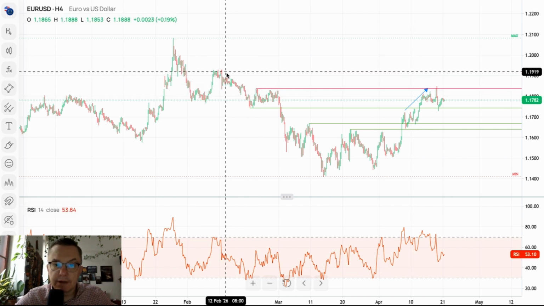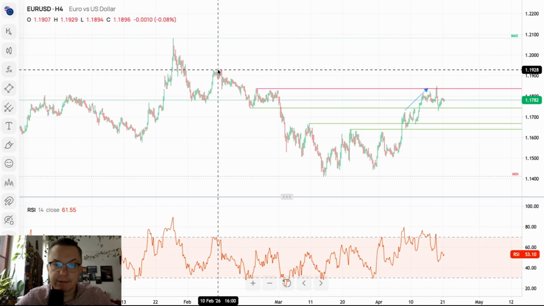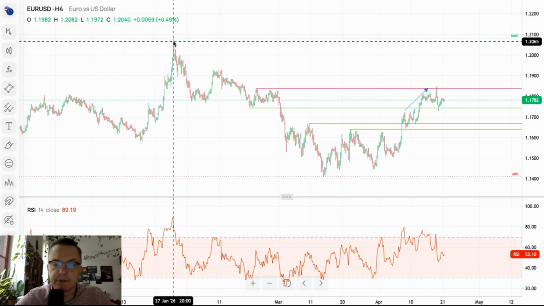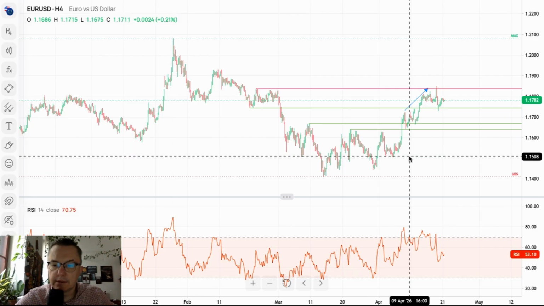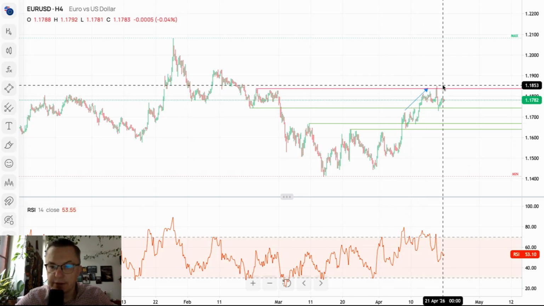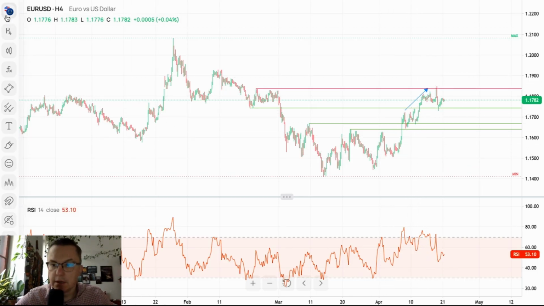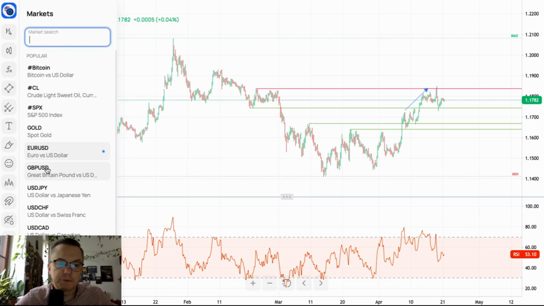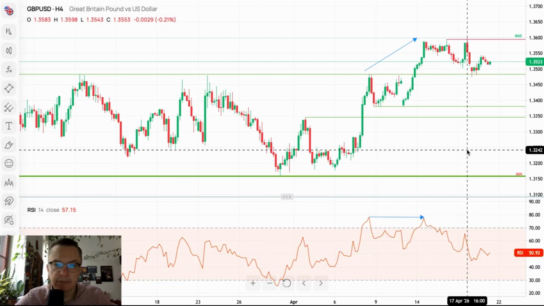And then eventually, in case of a further movement to the upside, the next target is 1.1929, obviously just ahead of the swing high from January 2026. So for now, we're just waiting to see what will happen on the euro dollar. Looking good, support provided by the level, so it's okay.